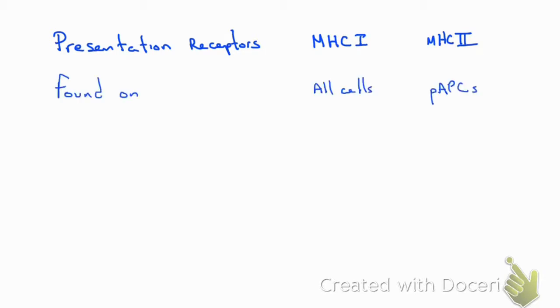MHC1 is found on all cells, and I should preface this by saying all cells with a nucleus. And then MHC2 is found on what we call professional antigen presenting cells, or PAPCs. This includes macrophages, dendritic cells, and B cells.